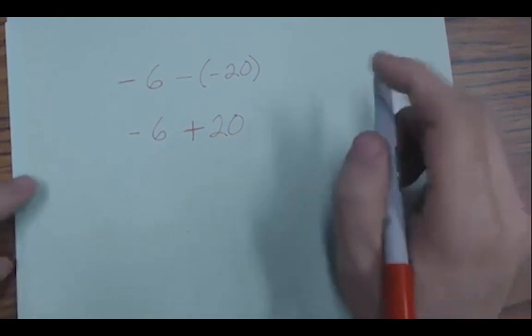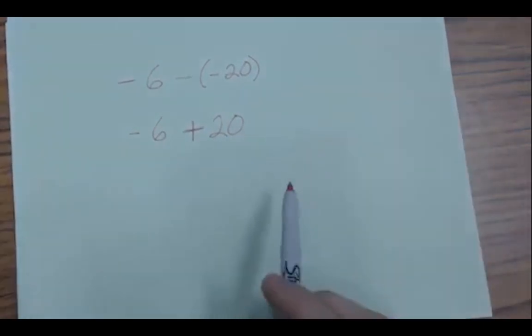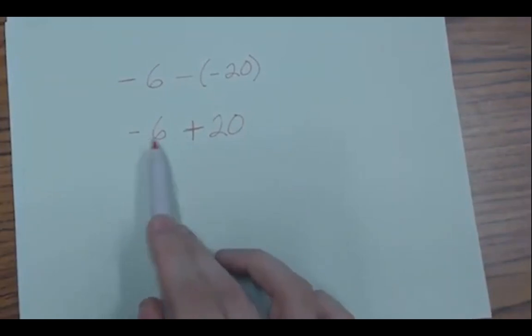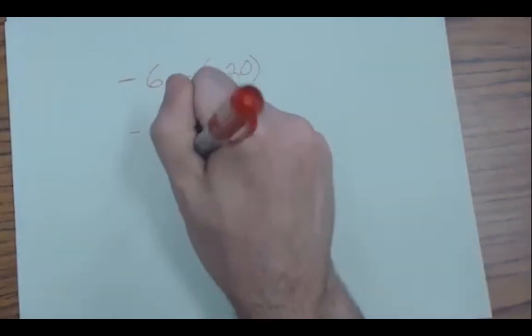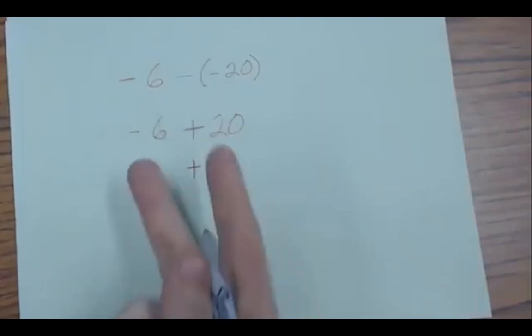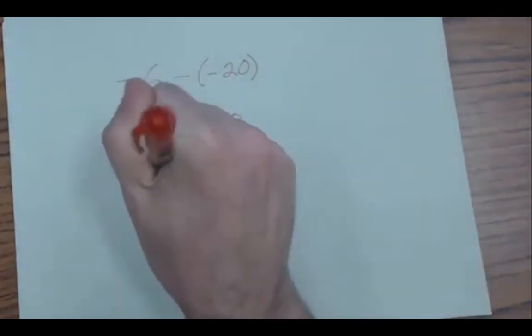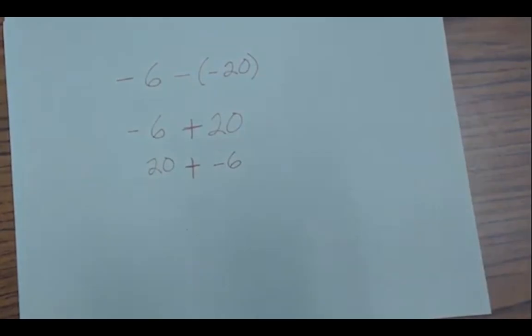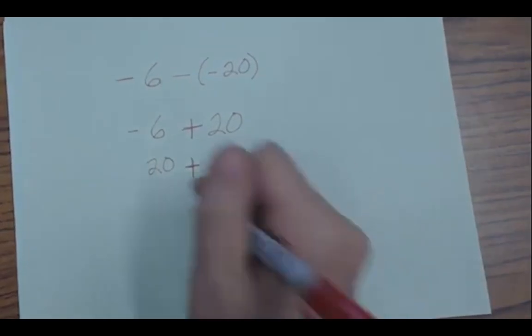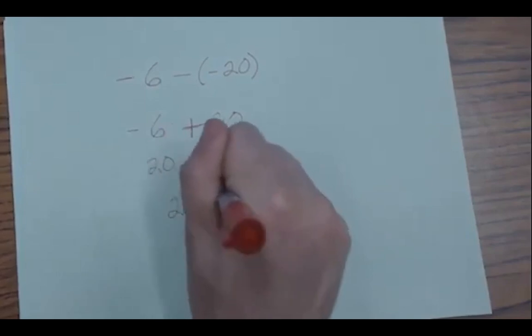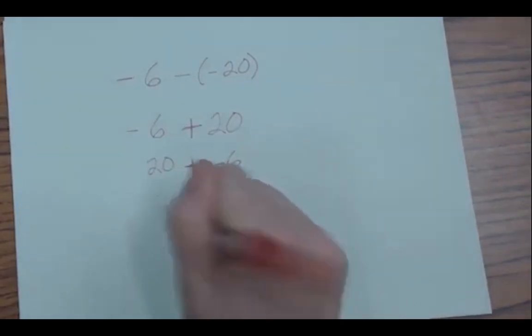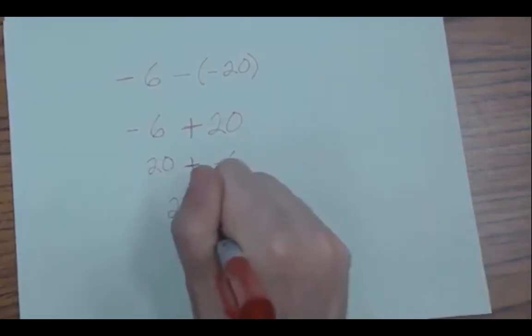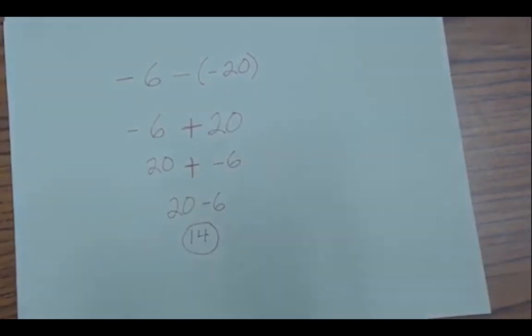The new way we haven't looked at yet is that negative 6 plus 20, if we leave the plus in place and switch the two numbers, the 20 goes over here, the negative 6 goes over here. Plus a negative is just minus, and 20 minus 6 is 14, positive 14.